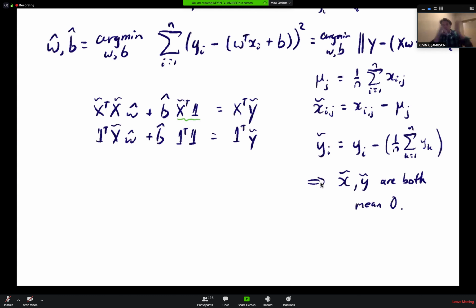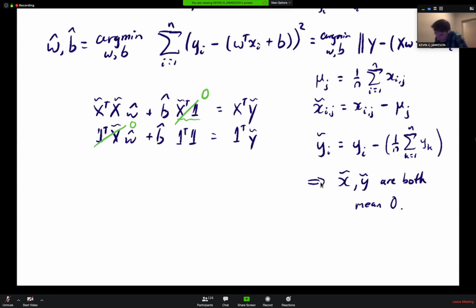That's going to be mean 0, because by definition we centered everything. So this guy is 0. And for the same reason, this is 0, because 1 transpose x is the same thing as x transpose 1, but all transposed.